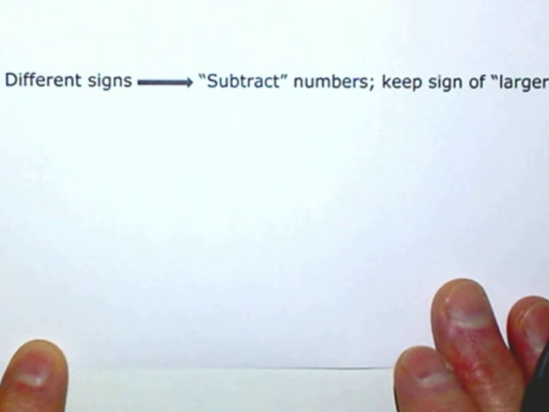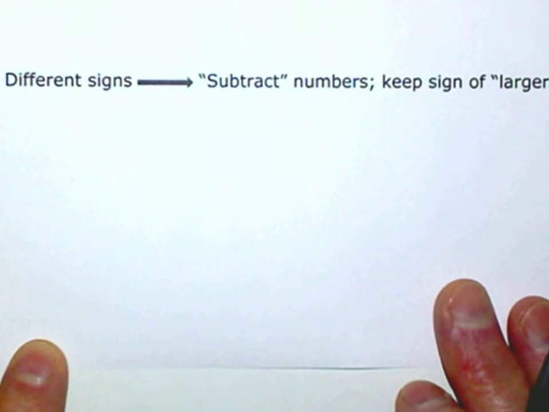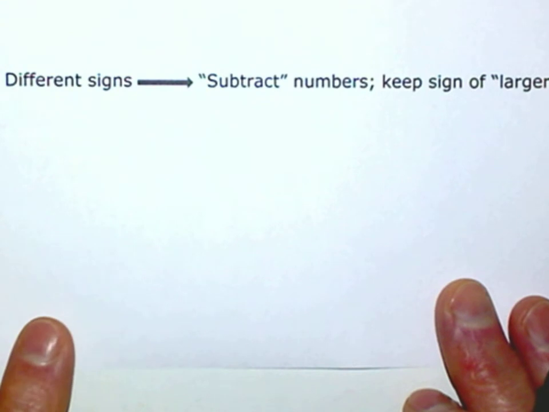Then I put the bigger number on top, the smaller number on the bottom, and subtract, just like we did in grade school. When I get the final answer, I go back to the original numbers and look at the signs. What sign did the so-called bigger number have? That's the sign I will use on my answer.